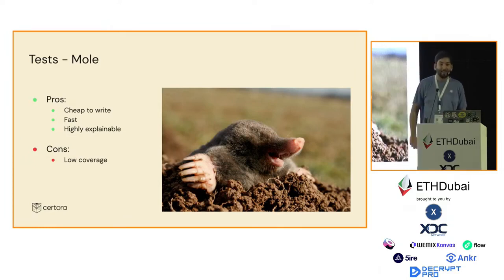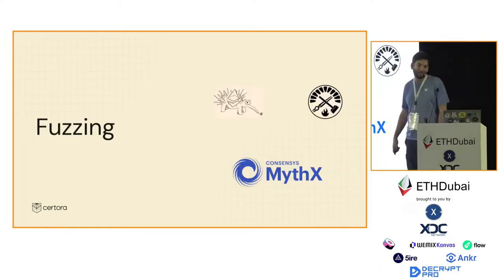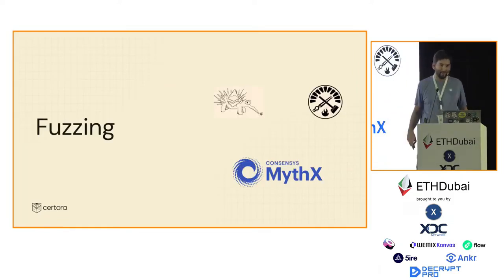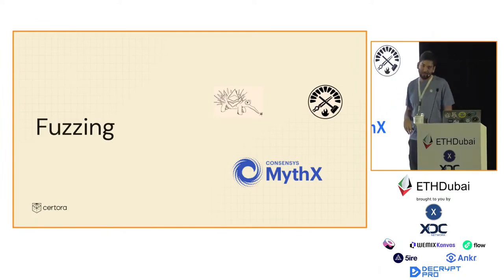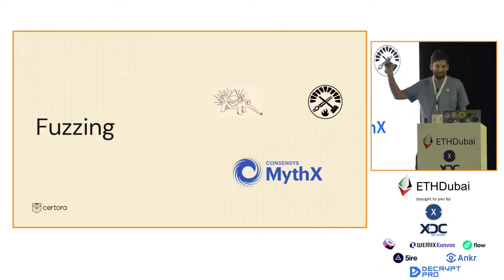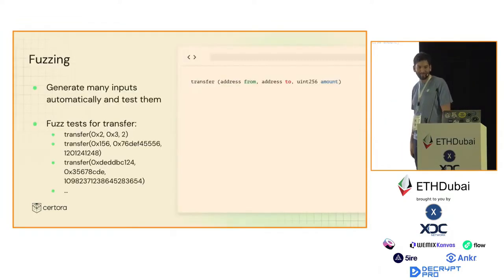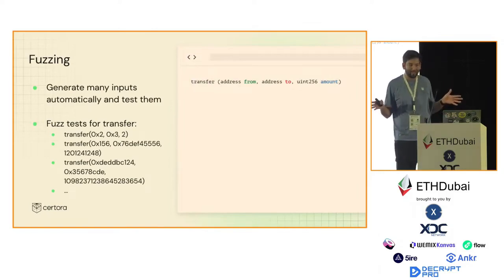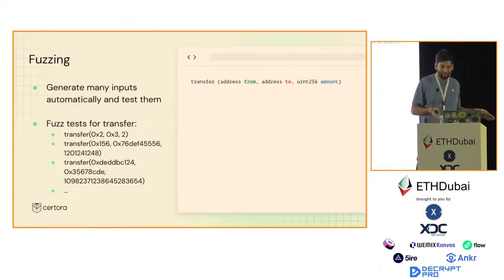If we want to scale it up and check more inputs, then we should look into fuzzing. There are several fuzzing tools in existence. One of them is Echidna by Trail of Bits, and there is Foundry, and there is a tool by Consensys Diligence, and there are many others. Fuzzing is the process of generating many different inputs automatically and testing all of them.